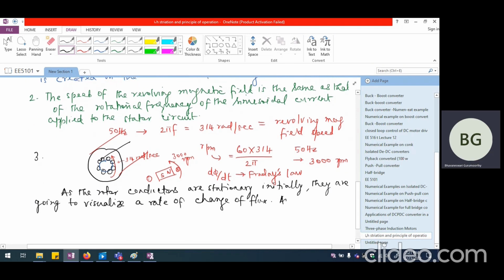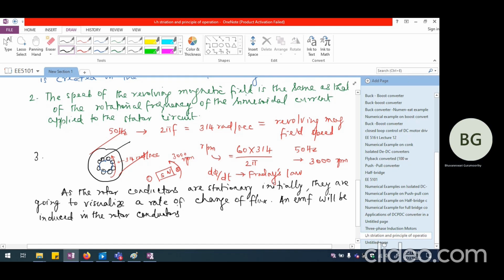So an EMF will be induced in the rotor conductors, which is proportional to the flux, whatever is the flux magnitude, and also the speed.